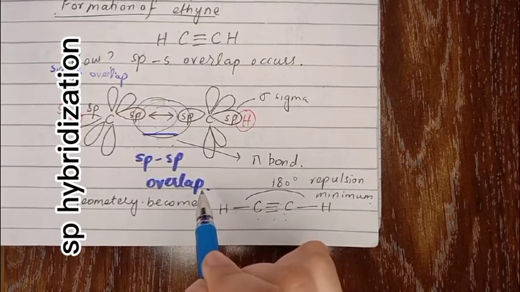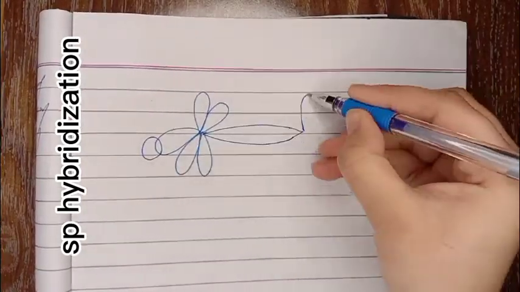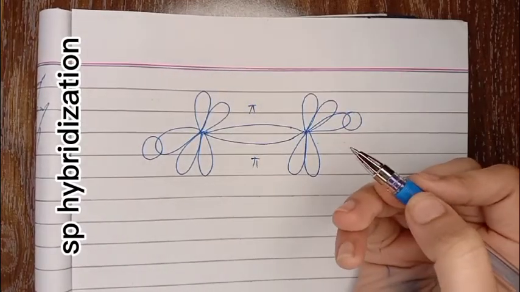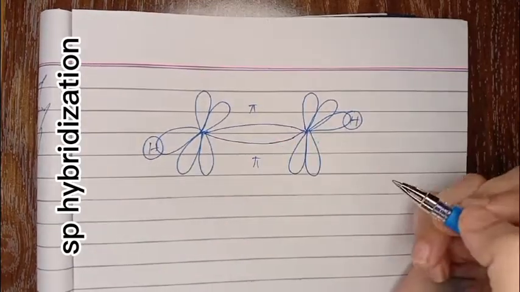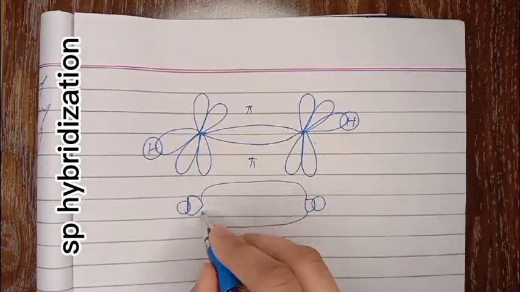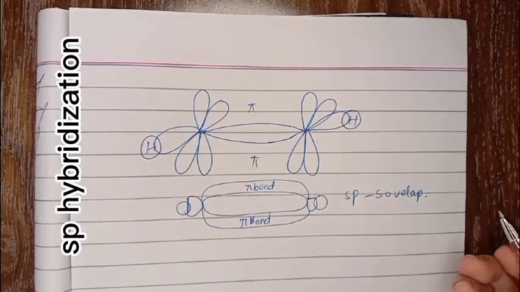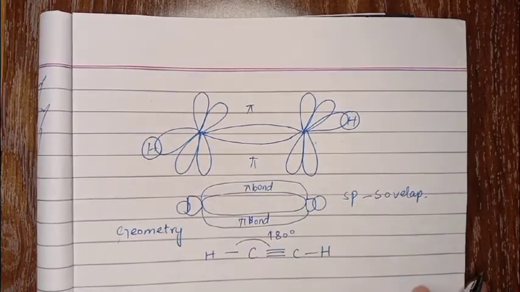Thus, it makes a sigma bond, and the other two orbitals overlap to form a pi bond. Hybridization has no link with the pi bond. Pi bond is just an overlapping. Pi bond means parallel or side-to-side overlapping of atomic orbitals, and hybridization is something else. Hybridization means intermixing of atomic orbitals.